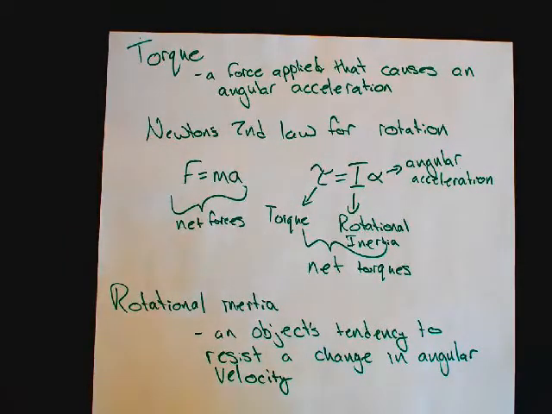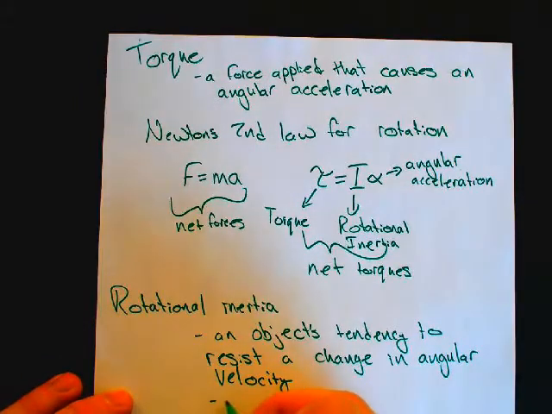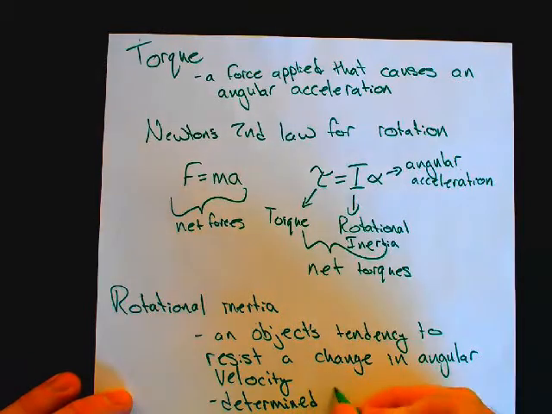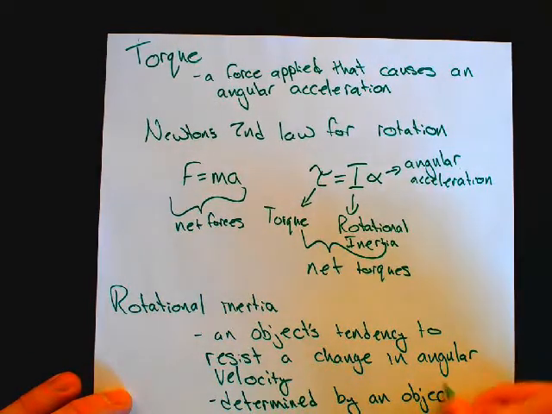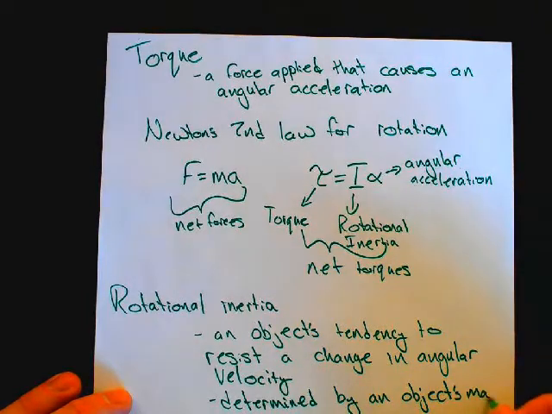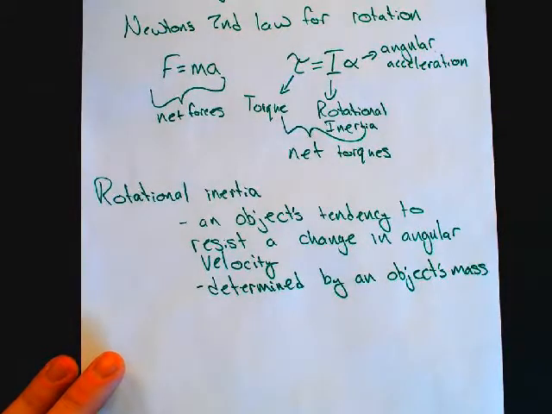And the values that actually go into determining this are the object's mass and how that mass is positioned around a rotational axis. So this is determined by an object's mass and where the mass is positioned with relation to its axis.